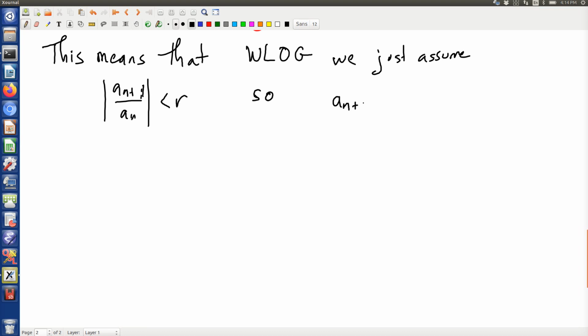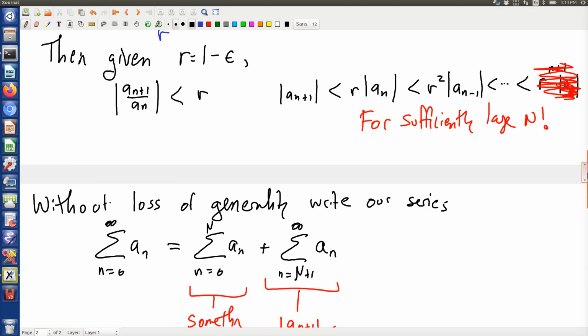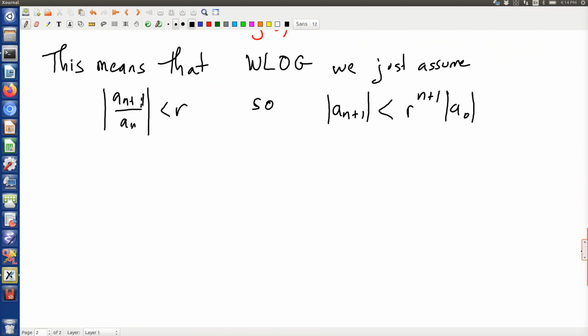So the absolute value of a_{n+1} is less than r to the n plus 1 times a_0. The reason being that we're essentially relabeling the capital N with 0. No harm done. And that's what we really wanted to have happen up here, but couldn't. But that's okay.